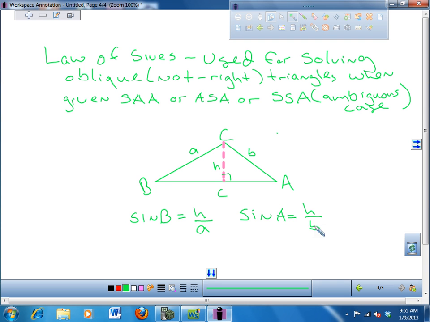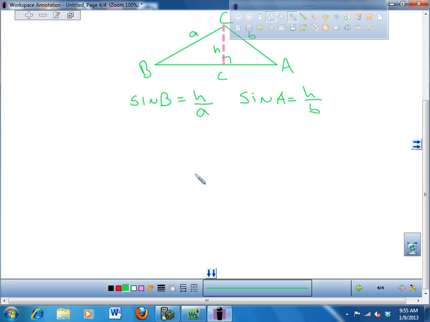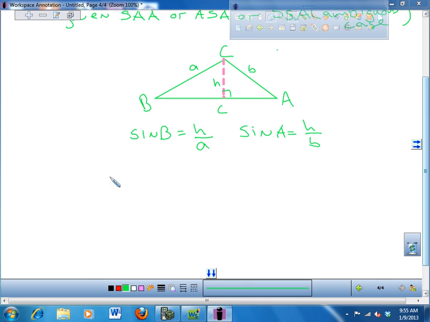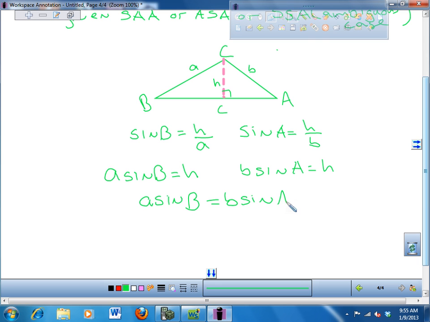What's the sine of A equal to? H over B. And then if I do a little algebra here, I can solve, and I get that A sine B equals H, and also B sine A equals H. And because this H must be equal to that H, I substitute and get that A sine B equals B sine A. And then if I divide both sides by both A and B, which I can do, these B's cancel out and these A's cancel out, right?